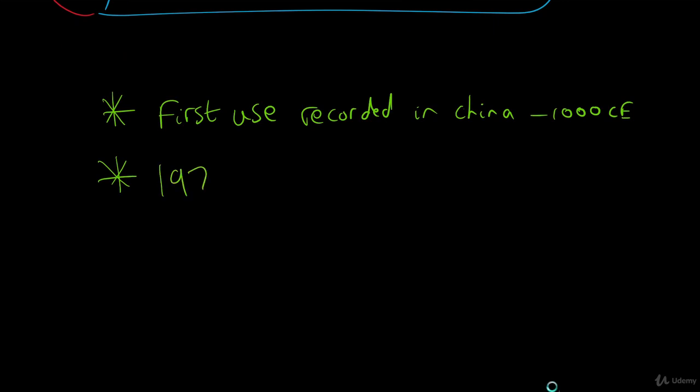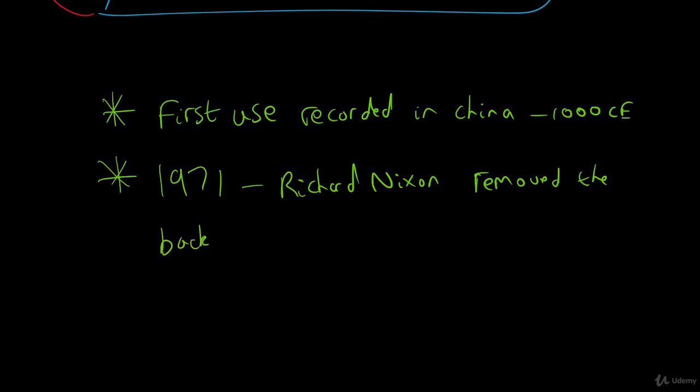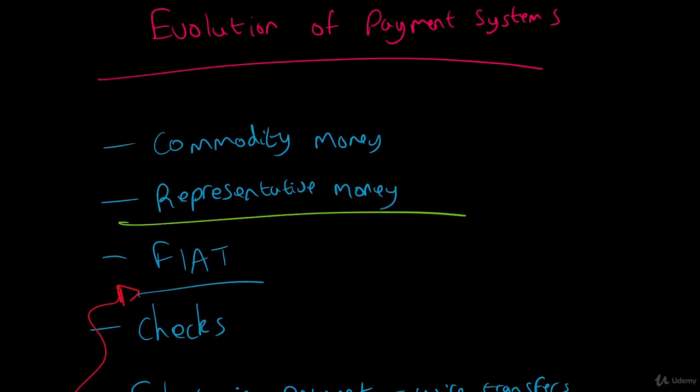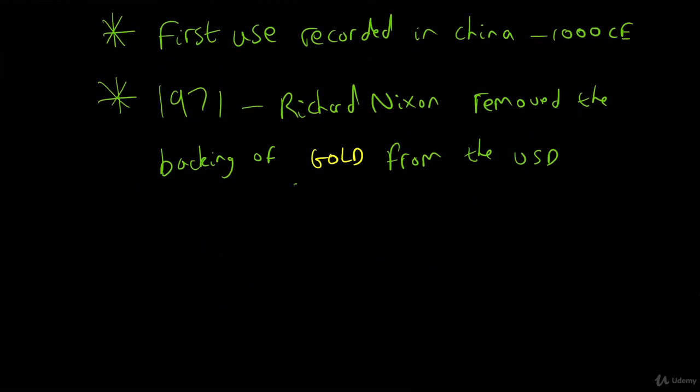And the next important date is 1971, and in 1971 Richard Nixon removed the backing of gold from the US dollar, because for a while, like I was saying, it was a representative based system where it was backed by a certain commodity, which in this case was gold.